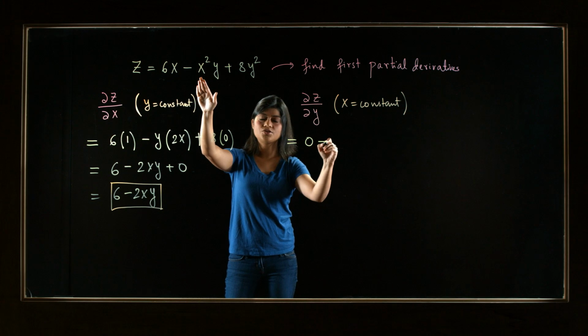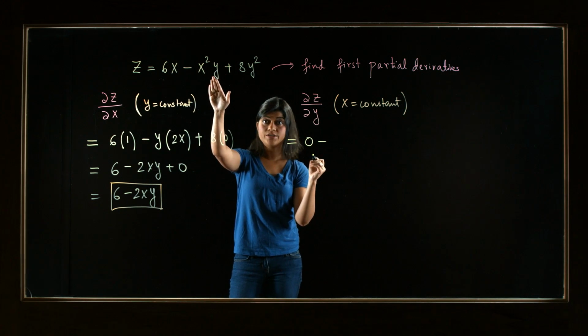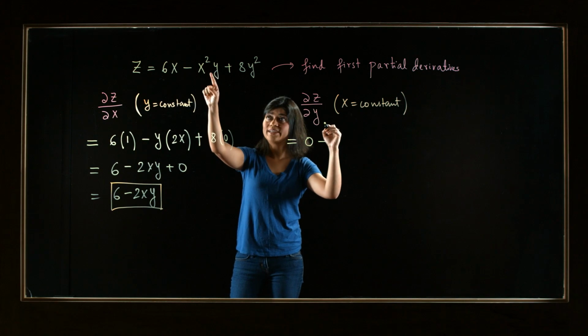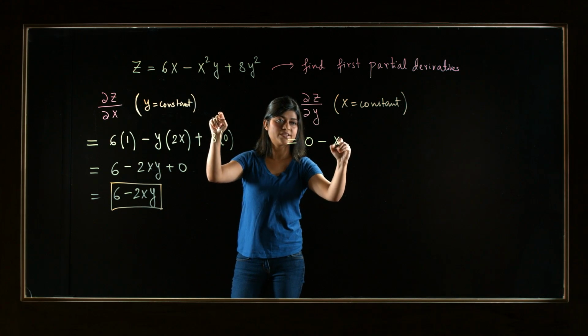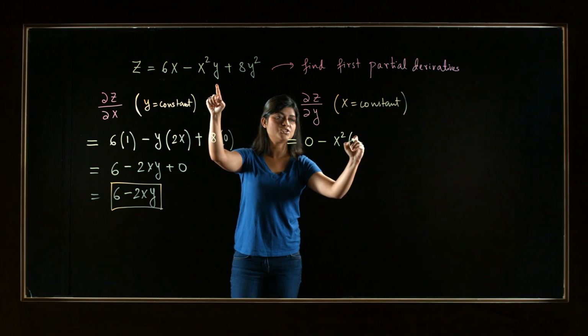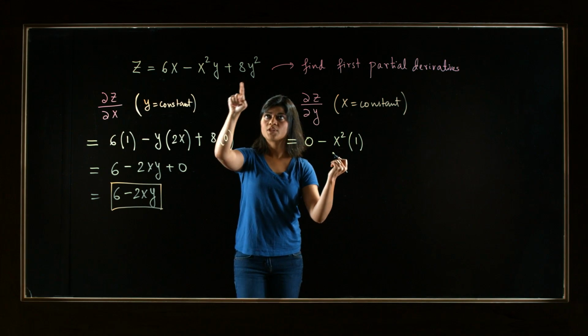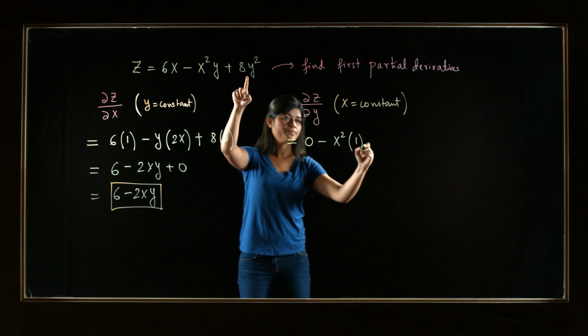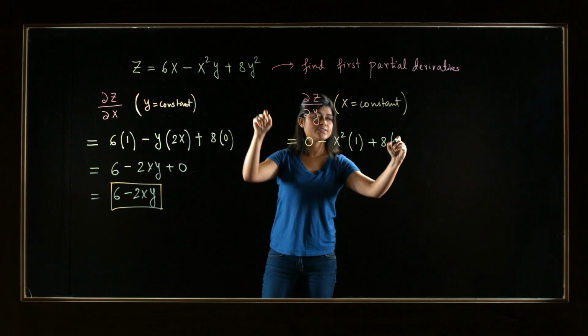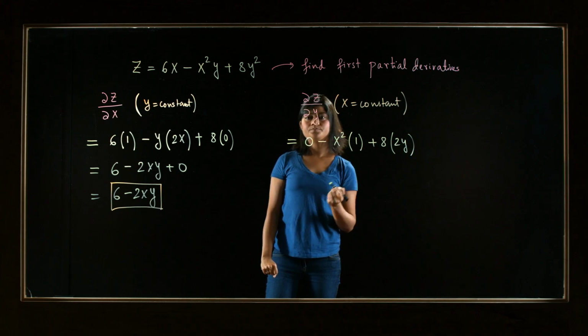Now, the second term is x squared times y. So there is a y and we are differentiating with respect to y, but x is constant, so keep x squared as it is. Take the derivative of y, which is 1. The last term also has y. 8 is constant. The derivative of y squared is 2y.